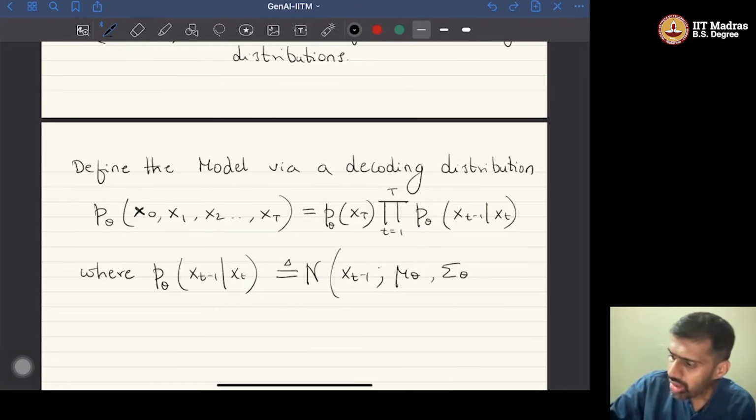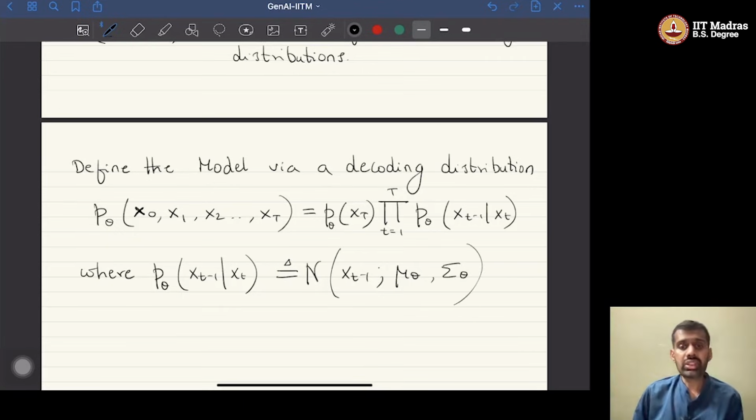Okay, so this is the definition of the model in a DDPM.